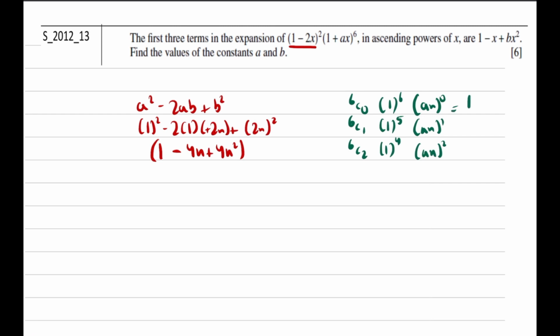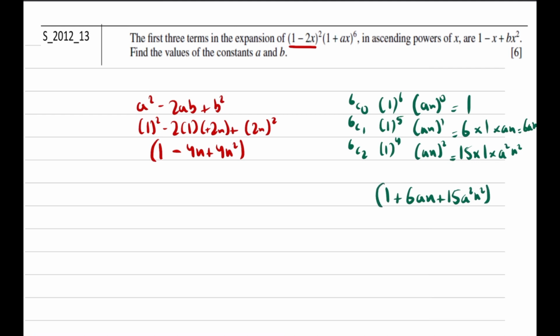So it's going to become 1. 6c0 is 1, 1 raised to anything is 1, anything raised to power 0 is 1. 6c1 is 6 into 1 into ax, that makes 6ax. 6c2 is 15 into 1 into a square x square. So I'm going to write 1 plus 6ax plus 15a square x square.